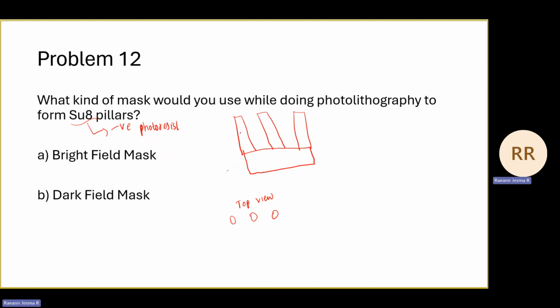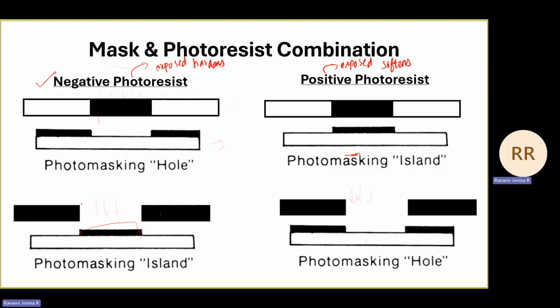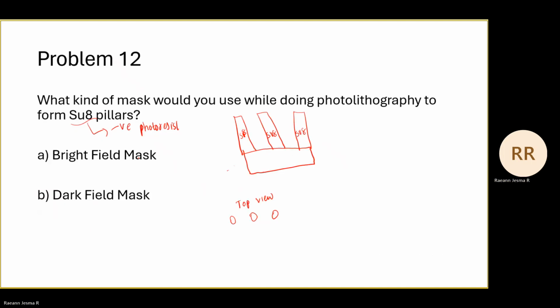So this is SU8 and this is the substrate. From the top view, this is what we will see. So here we can see that by using a dark field mask, we can get that kind of pattern, right? So the correct answer is option B, it is dark field mask.